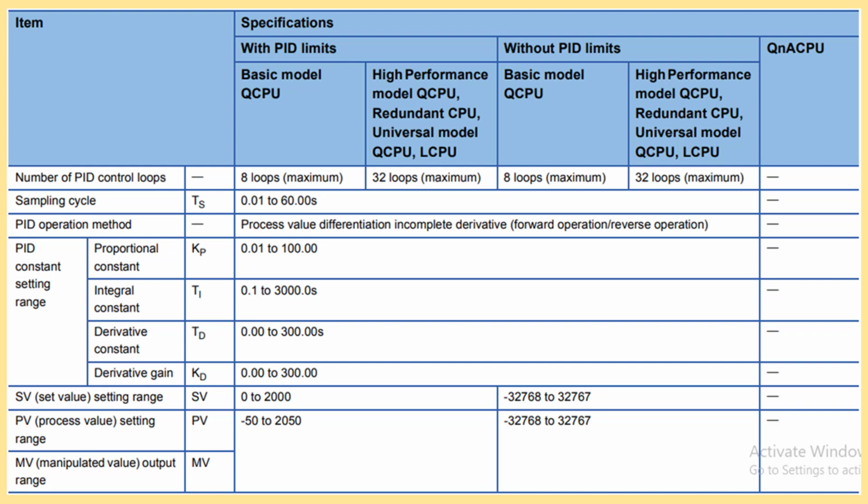Note that when the PLC executes the PID control program, it receives the set value and process value in the range from 0 to 2000 digital value and makes the manipulated value in the digital value range from 0 to 2000.